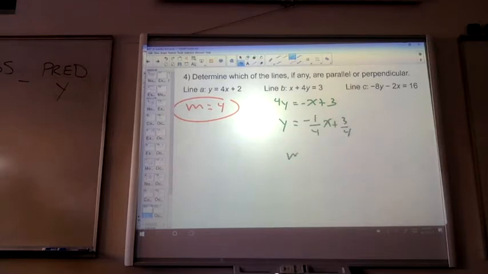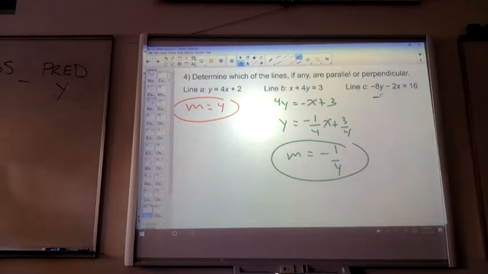So what's the slope of this line? -1/4. Good. And then the last line, the blue. I'm going to solve this one for y, so I'm going to add 2x to both sides. And then I'm going to divide everything by -8.